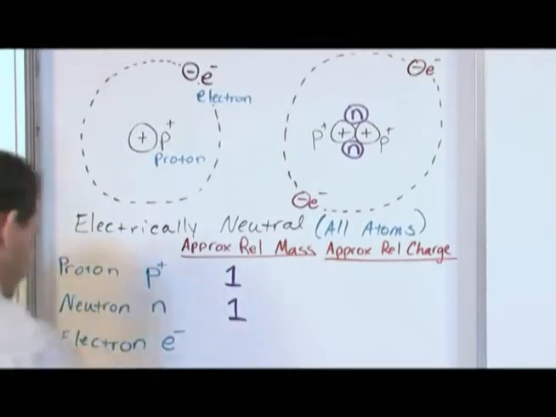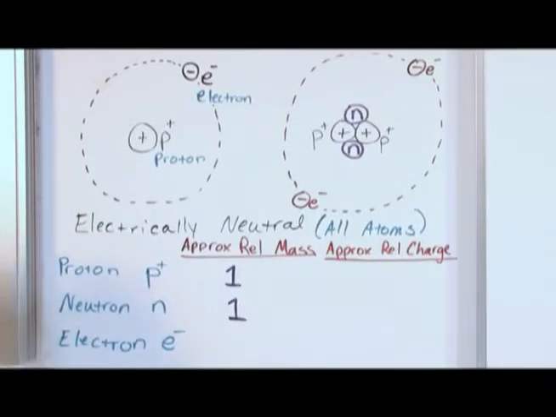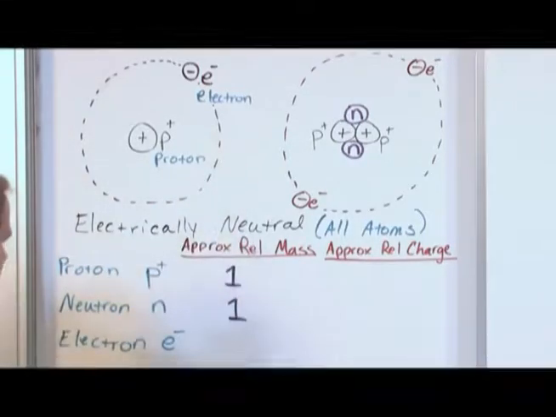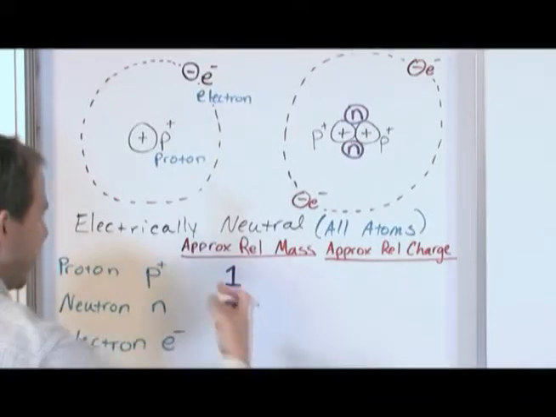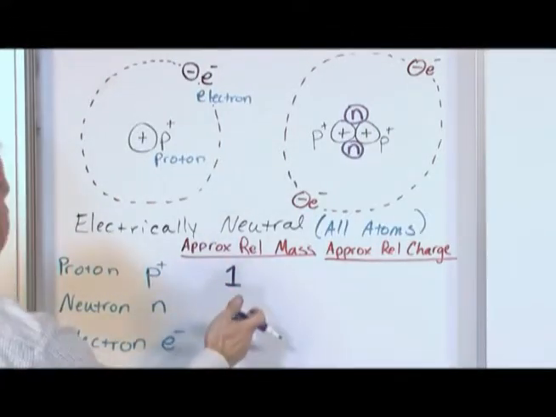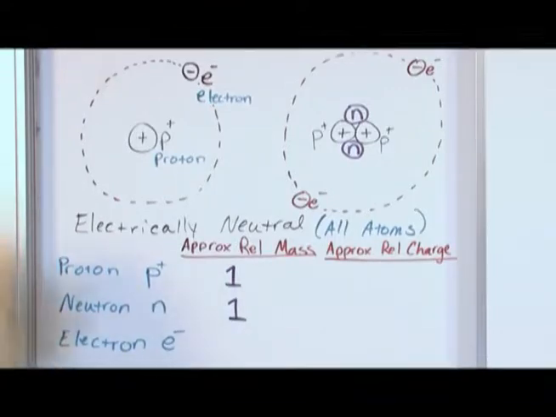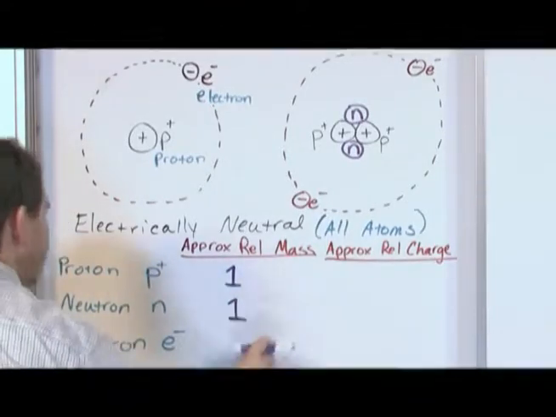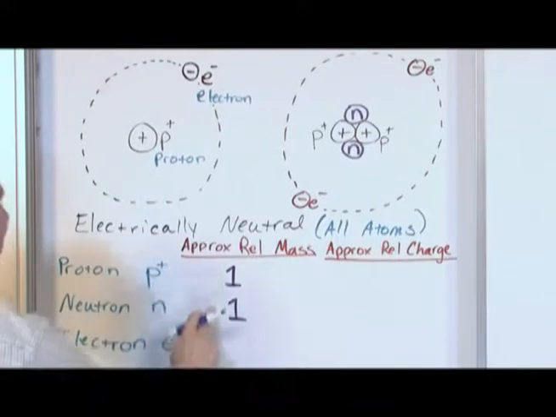Now, what is the relative mass of an electron? On the scale we're talking about here, a proton has a mass of 1 unit, whatever that unit is, and a neutron has a mass pretty darn close to 1, so we're going to call it 1. An electron is much, much less massive than either of these two guys.